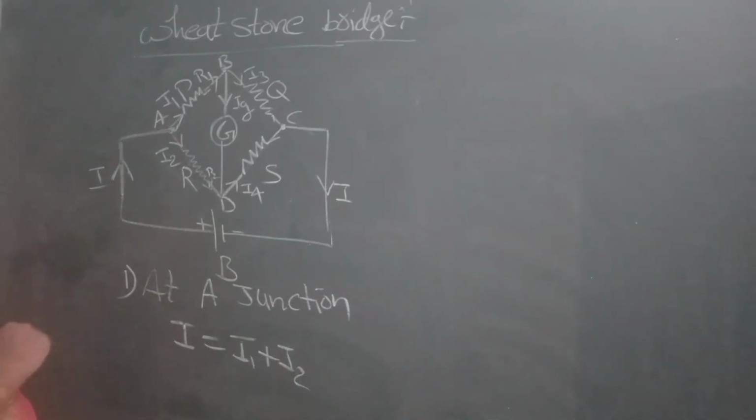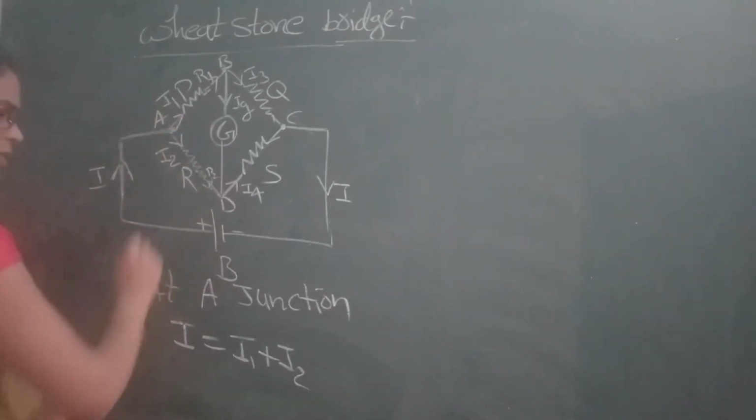I is the incoming current, and the outgoing currents are I1 plus I2.